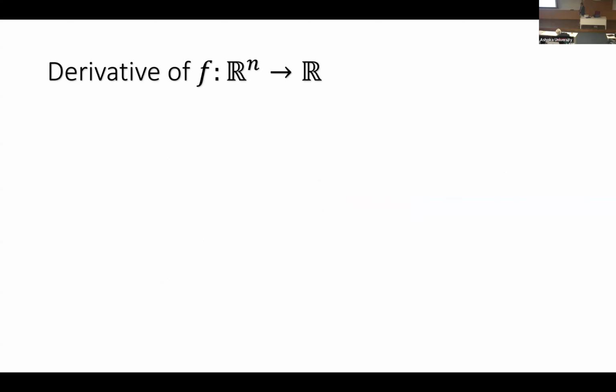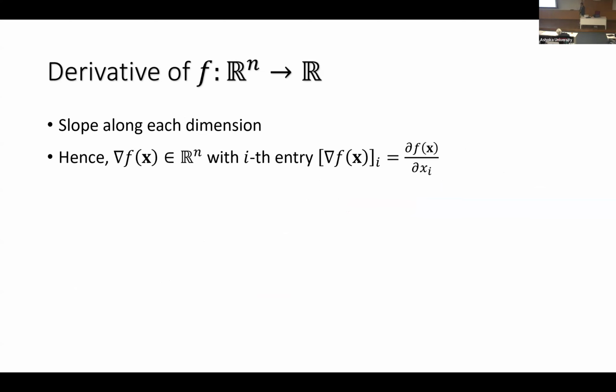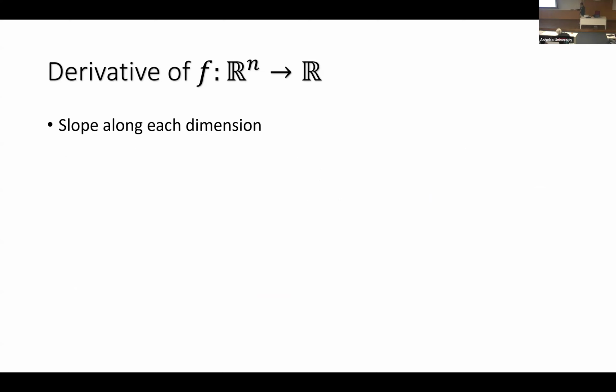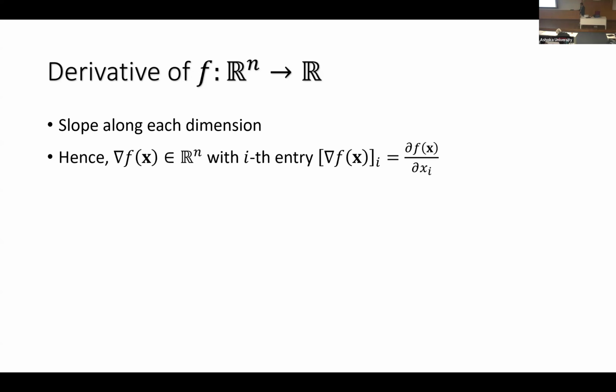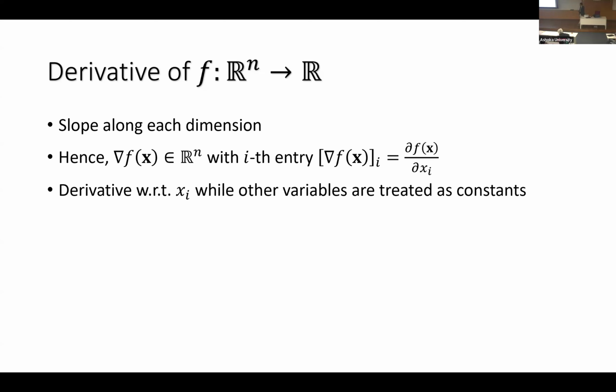So what is the derivative of a scalar valued function which takes vector input, f: R^n to R? It is essentially the slope along each dimension. So the ith entry of the gradient is the partial derivative of f with respect to xi. This is the definition you have seen. I just related it to the intuitive definition that we just looked at.